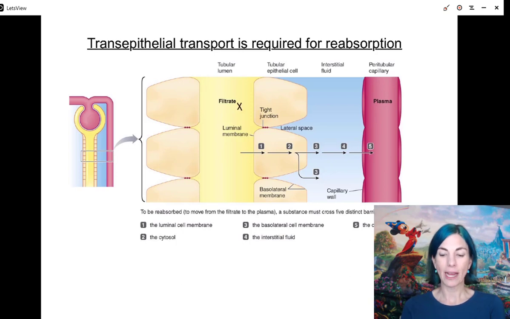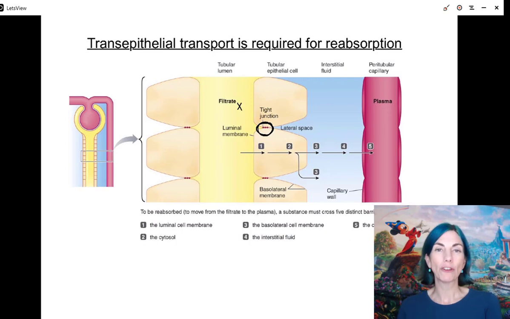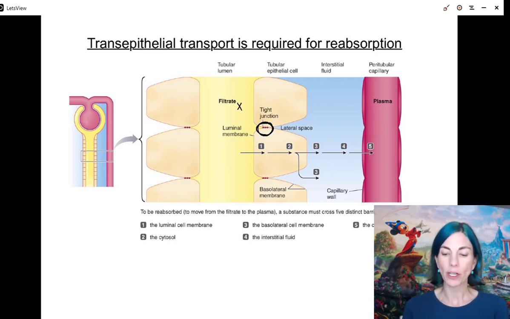So again, these are tight junctions, which means you're not going to slip through the cracks. You actually have to cross the membrane. So we are going to cross the apical membrane first, and then from here, we're going to need to cross the basolateral membrane.